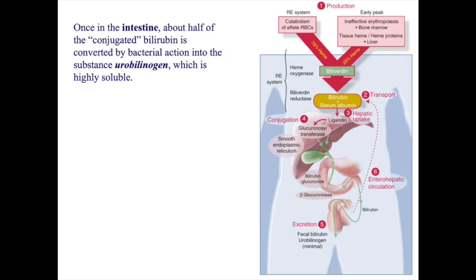You notice that uro stands for urine. Sometimes, particularly in the old textbooks, people like to talk about sterco. Sterco stands for feces. I have a picture that will show that. But urobilinogen or stercobilinogen are the same thing.